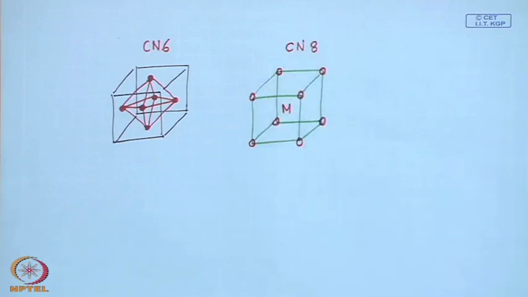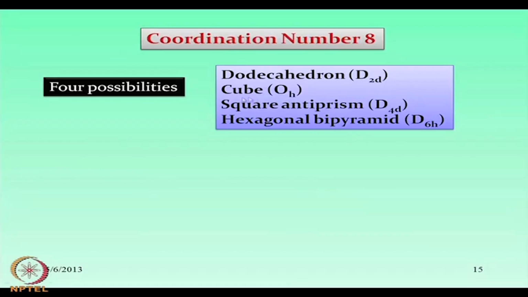So metal will be at the center. So one such arrangement will be the cubic arrangement, and the cubic field has a symmetry level of OH also.